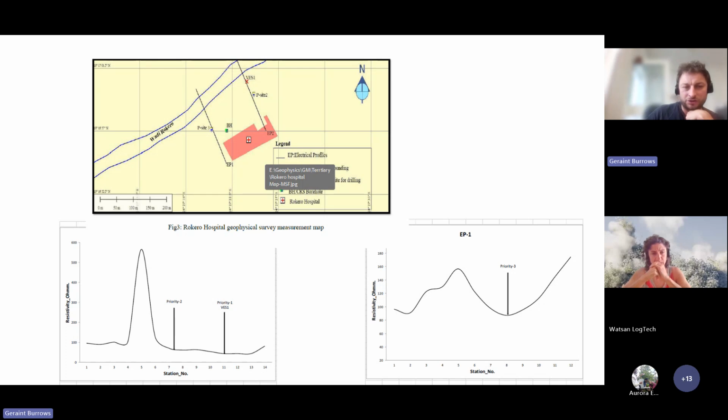So if you've mapped out structures, let's say this wadi may well be running parallel to a more regional structure system, then what they've done here makes perfect sense. If the structures are running this way, they run their profiles perpendicular to where they think the structure's running, so that they can pick it up.